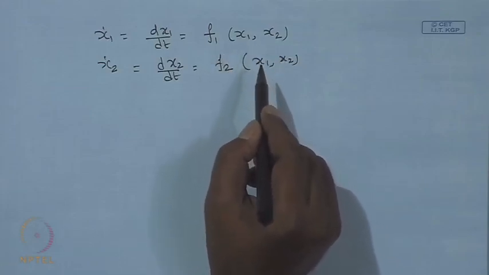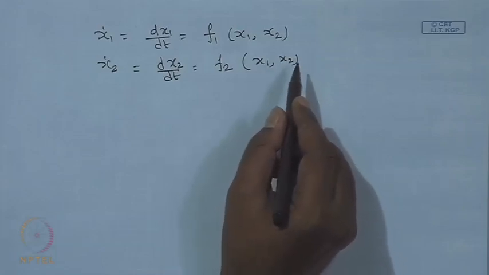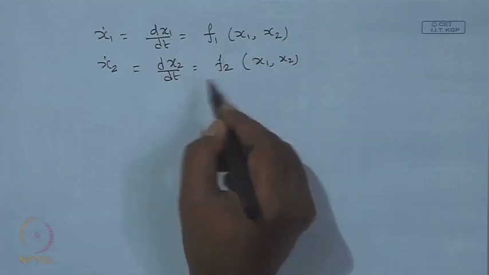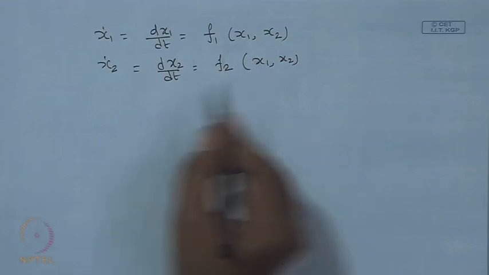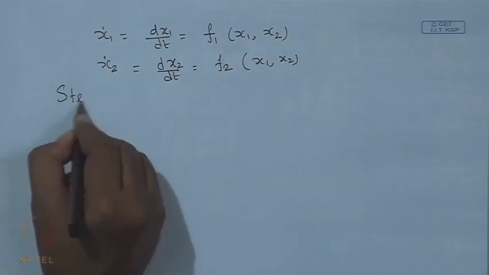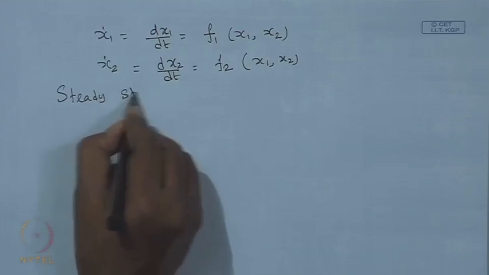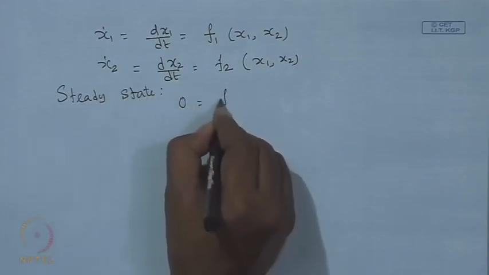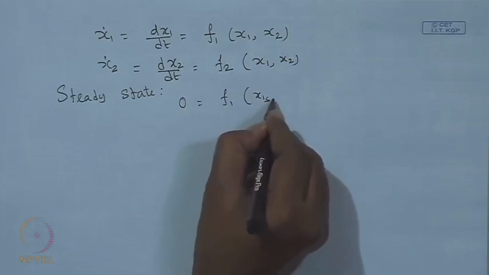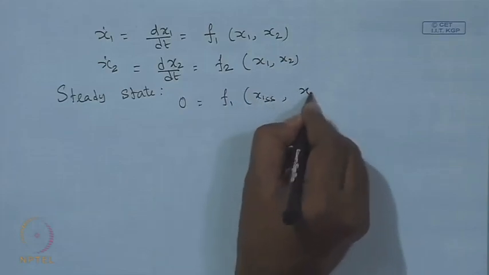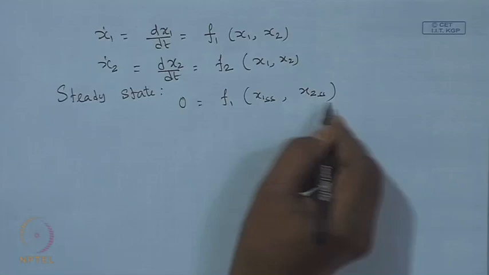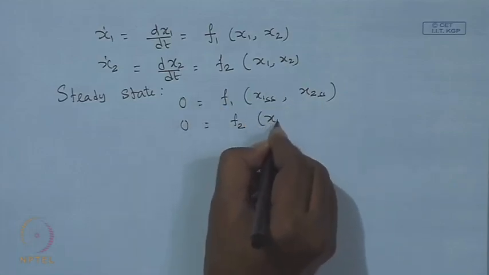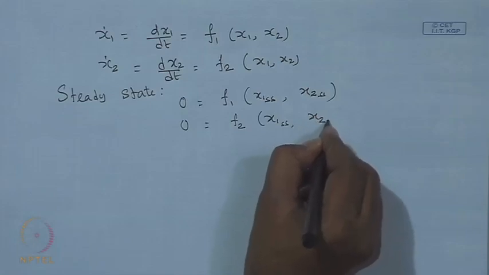That is why it is called an autonomous system. Most chemical engineering processes fall under the category of autonomous systems. Now, let us look into the steady state solution of these two equations. The steady states are 0 equals f1 of x1ss and x2ss, where ss stands for steady state, and 0 equals f2 of x1ss and x2ss.